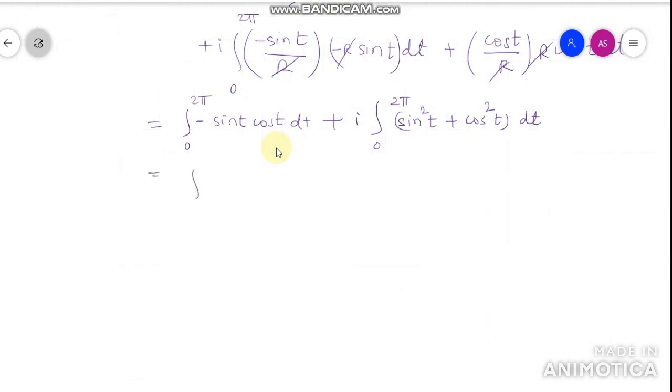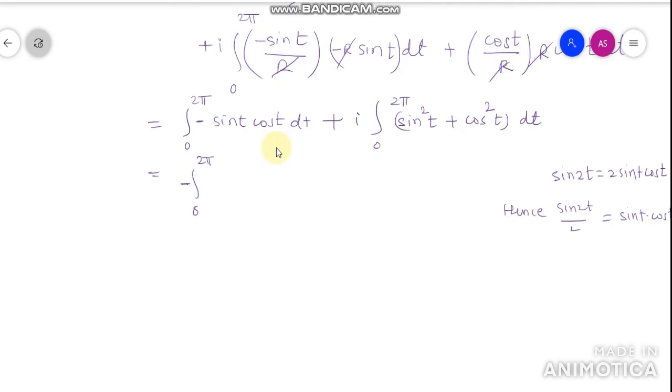It is equal to integral 0 to 2 pi, minus sign I have taken outside. We know that sin 2t is equal to 2 sin t cos t. Hence sin 2t by 2 equal to sin t into cos t.